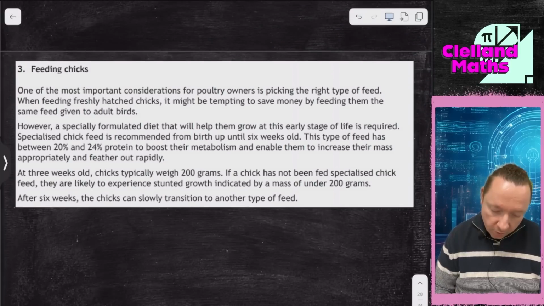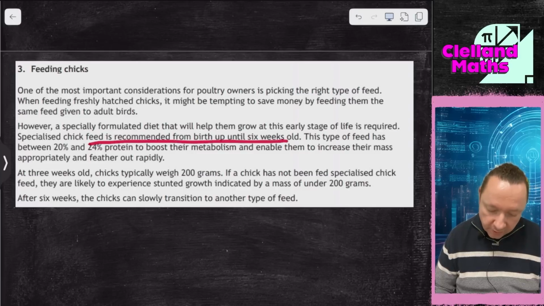If we look at our data booklet, it says specially formulated feed will help them grow at an early stage of life. Specialist chick feeds are recommended up to age 6 weeks old. This type of feed has between 20 and 24% protein boost to enable them to mass appropriately and feather out rapidly. At 3 weeks old, chicks typically weigh 200 grams. If they've not been fed a specialist chick feed, they're likely to experience stunted growth, indicated by a mass of under 200 grams.